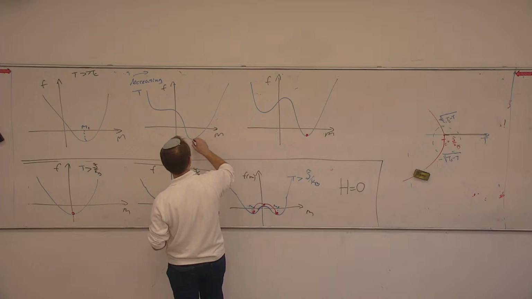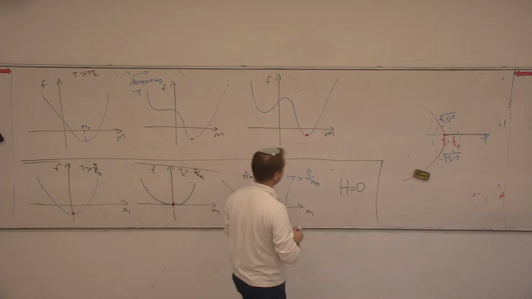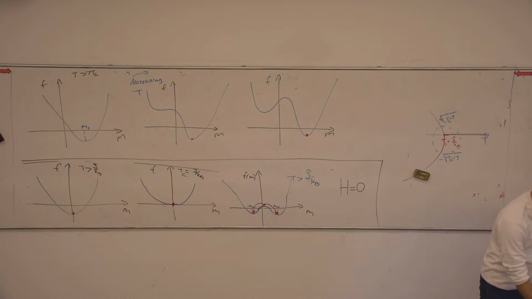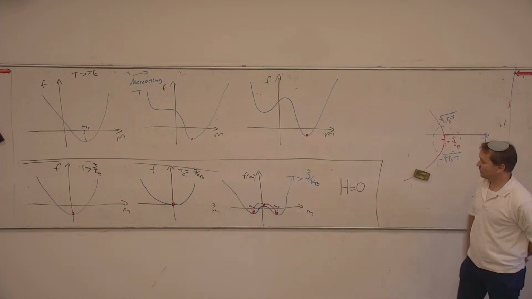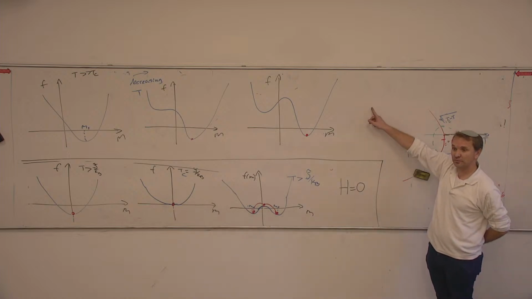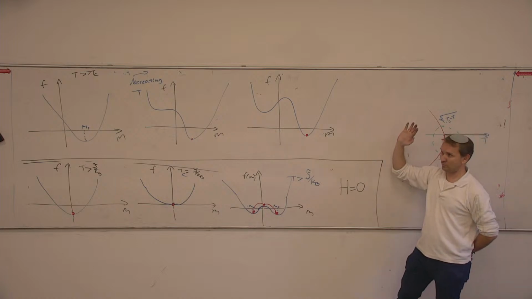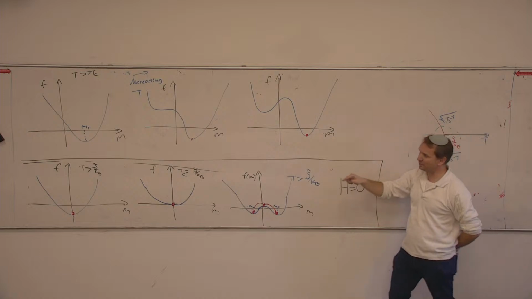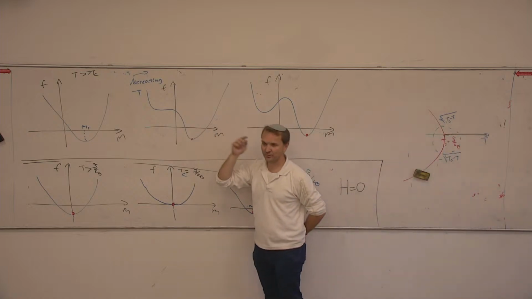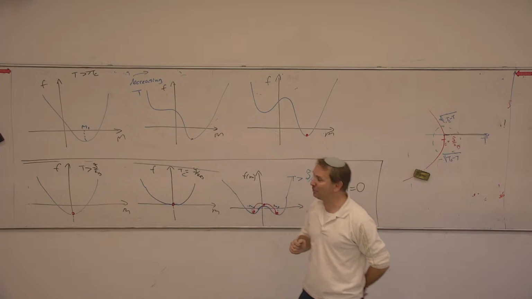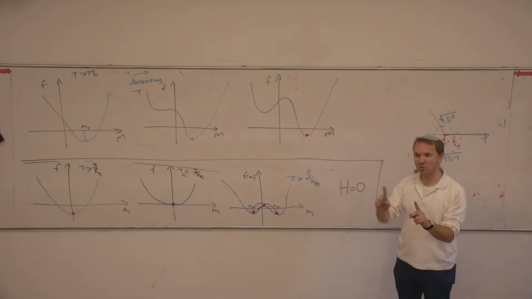Okay. Because h is non-zero. Because there are interactions. You see, the second dip comes from interactions between the moments.